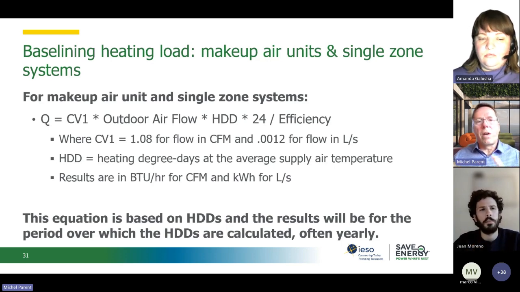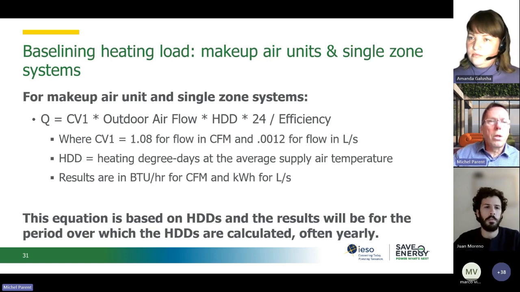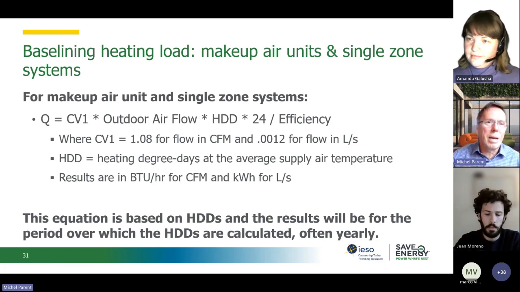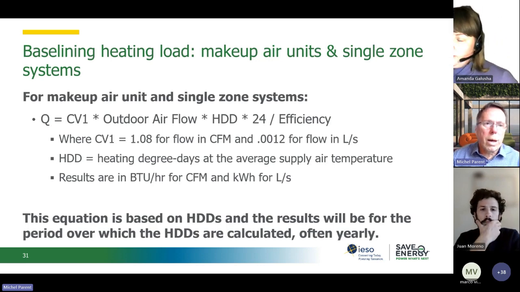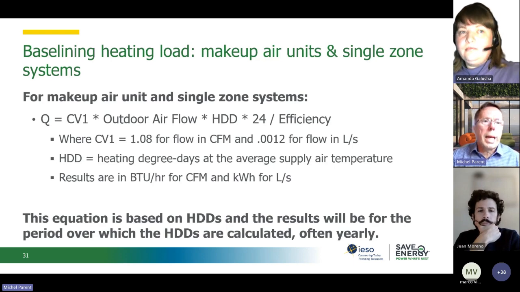When you have a ventilation system, the easiest one would be a makeup air unit. You will use the following formula, and sorry about formulas, but when you do an inventory, you do have to use them. So it's the amount of outdoor air times a conversion factor, the density times the specific heat, 1.08, times the heating degree days.